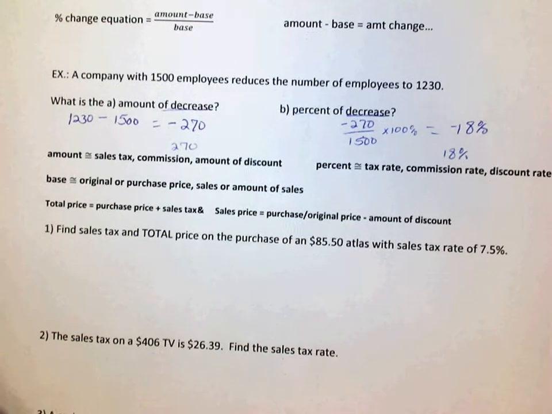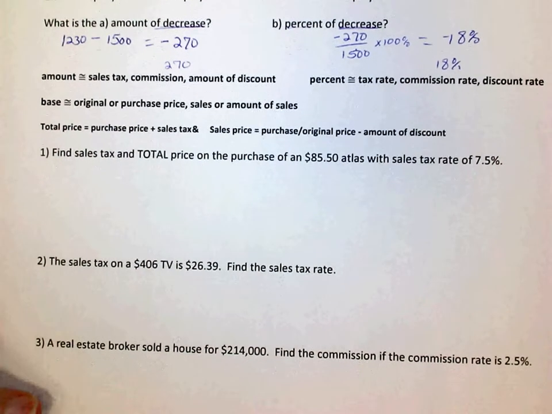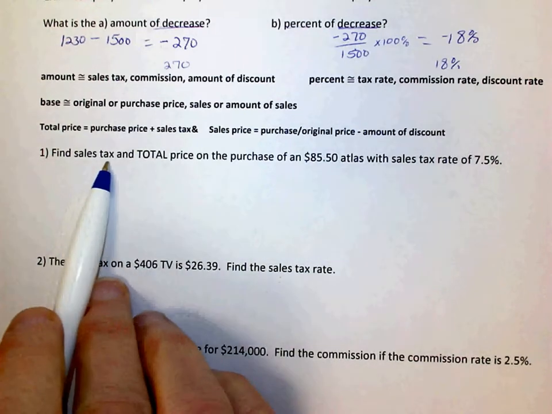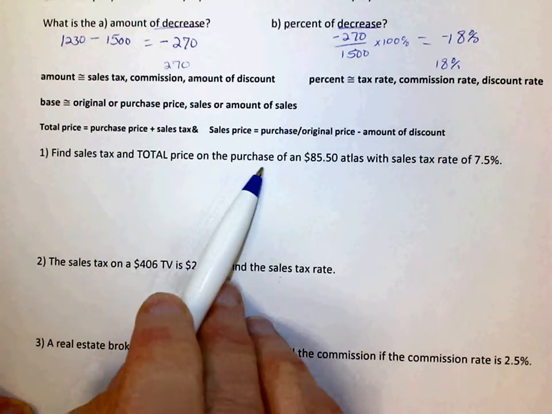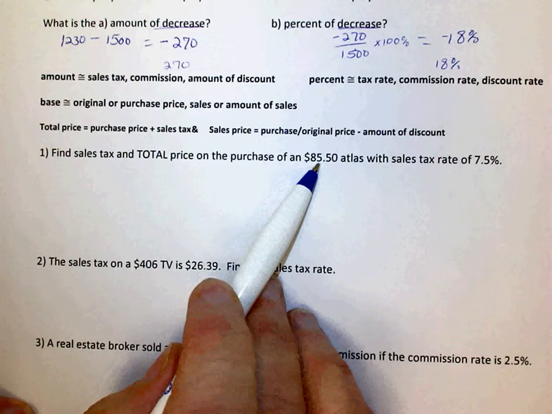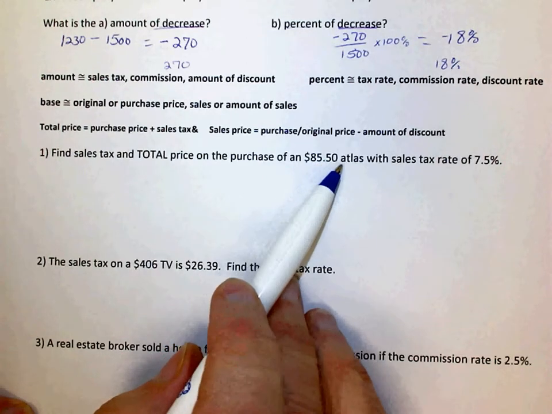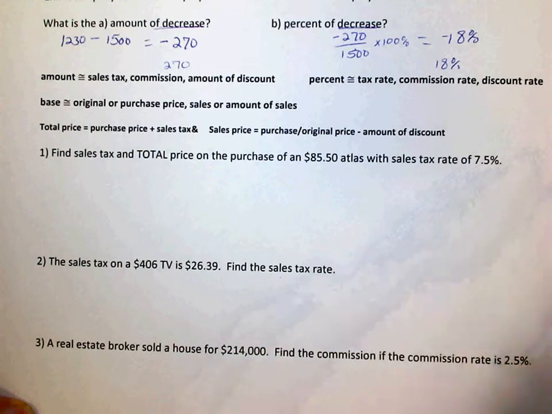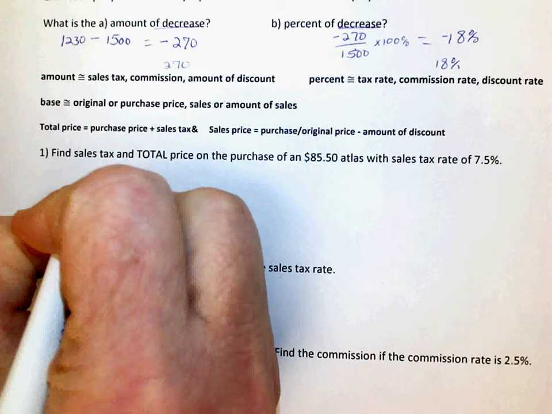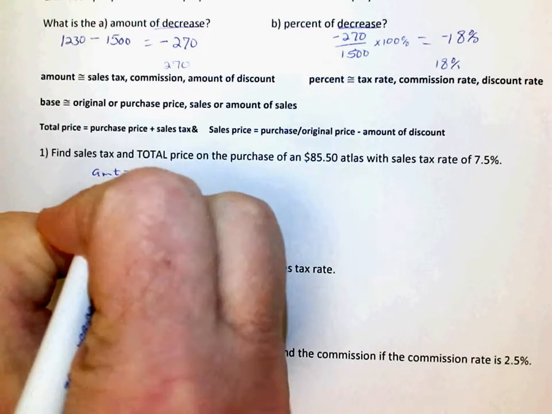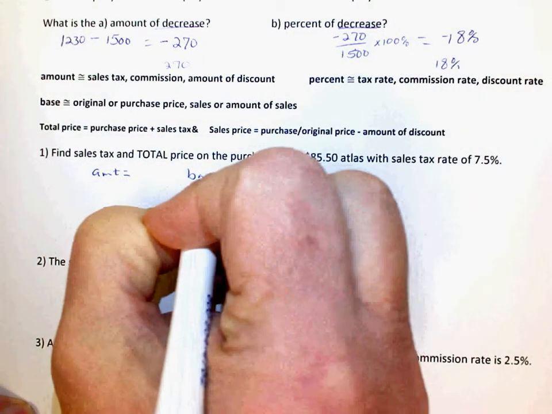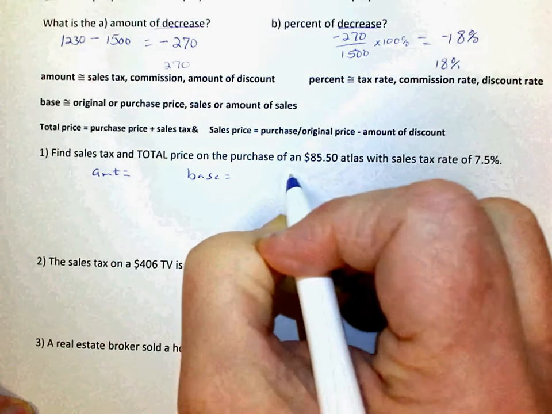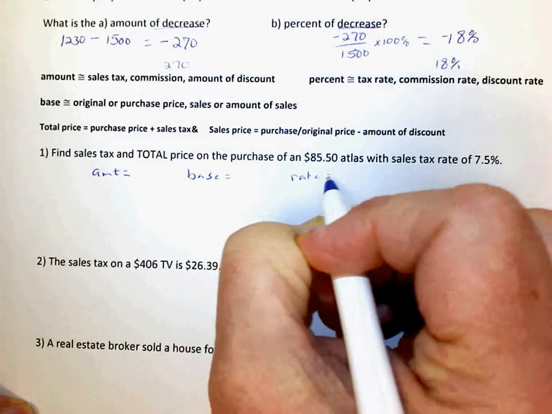So, in number 1, find the sales tax and total price on the purchase of an $85.50 Atlas with sales tax rate of 7.5%. So, our amount equals, our base equals, our rate equals.